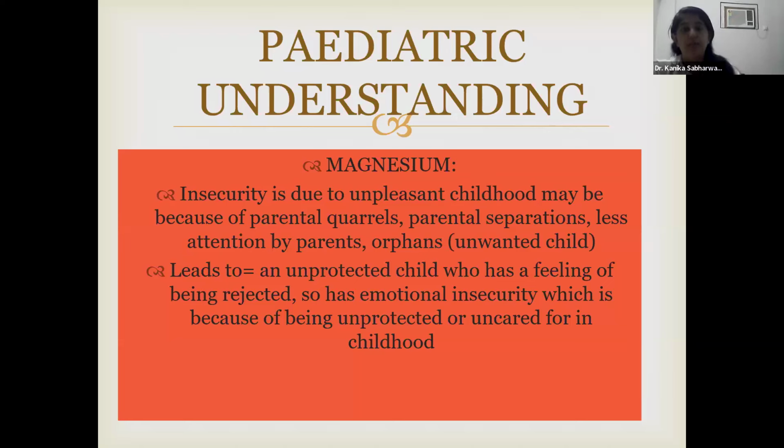But what does that mean? You don't only give it to somebody who is unfortunately an orphan. This insecurity in magnesium arises due to an unpleasant childhood that may stem from squabbles between the parents, a lot of arguments, or a parental separation, divorce, which we do see is on the rise now, parents splitting up when the child is very young.